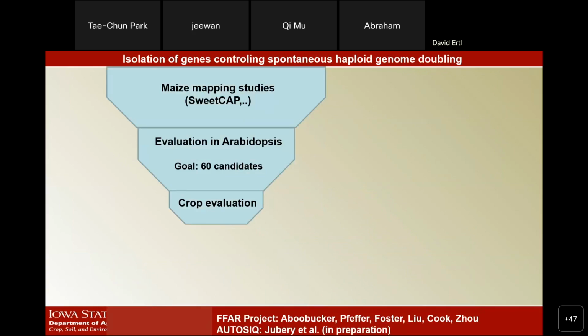And we were lucky to get a FFAR project funded in 2020. The idea here is that we use mapping studies like the one that I just showed to identify candidate genes.